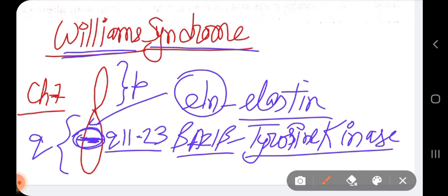We know about tyrosine kinase. It plays an important role in signal transduction pathways. Generally, this kinase enzyme phosphorylates the tyrosine residues in the active site of some important proteins to make them active.